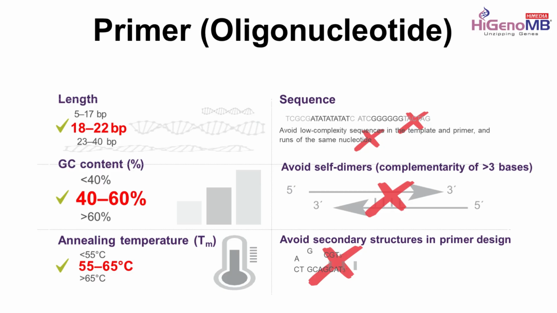So the points that are explained here are the basic points that have to be taken care of while designing a primer. Your primer should be of length 18 to 22 base pairs, not more and not less. If the length is shorter, then there will be non-specificity.